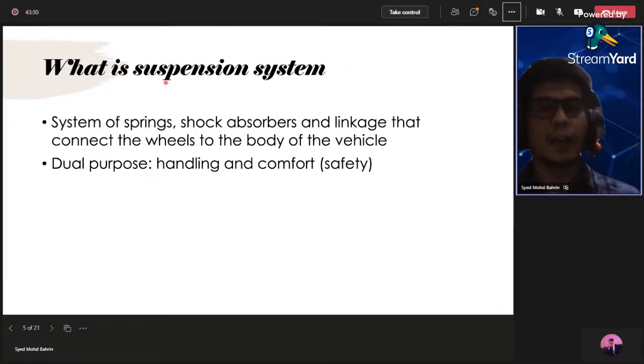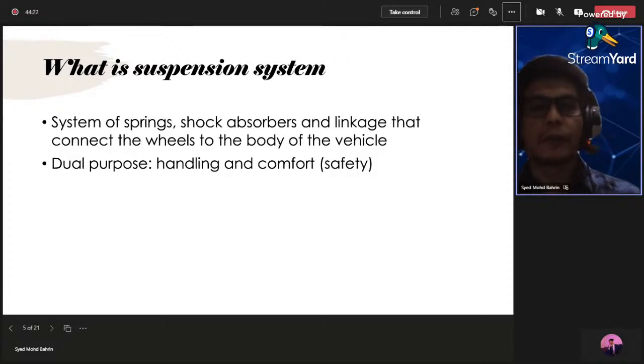Like I said, I can say more than 90% of vehicles now are still using passive. The spring is used to absorb the energy, and the shock absorber is basically the element to dissipate the energy. Apart from that, we also need linkages that connect the suspension to the body of the vehicle.